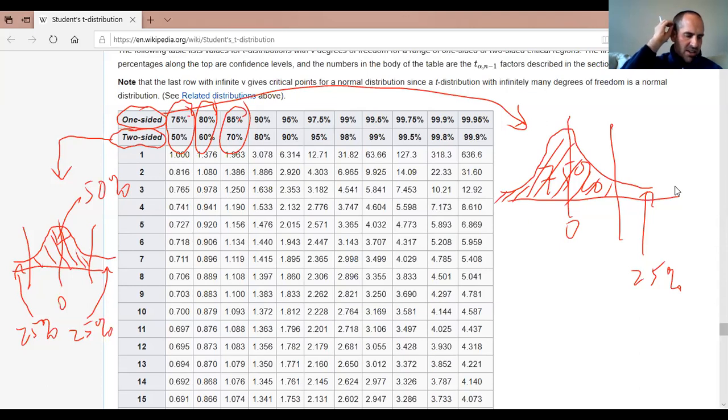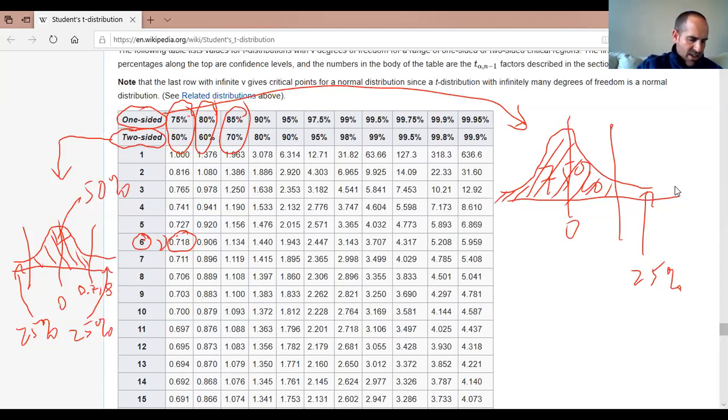And then essentially what these things are telling us, so like if I was at 6, for instance, these things down the left-hand side are the degrees of freedom, right? So if this was nu, and I look at this guy right here, 0.718, that's what this value would be. So what would this guy be down below?